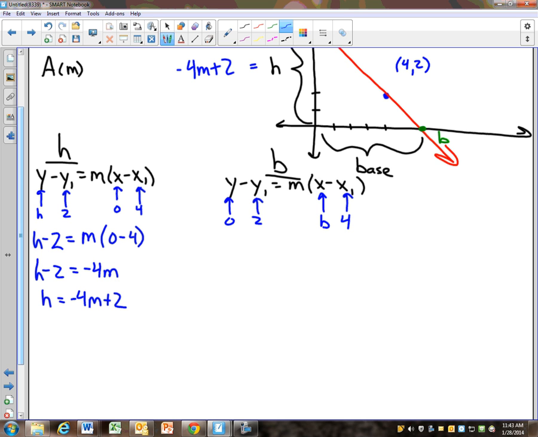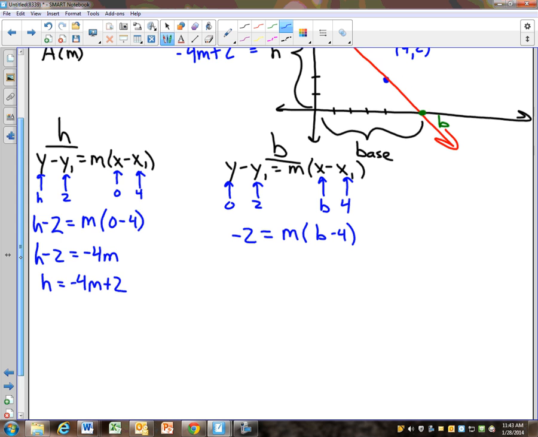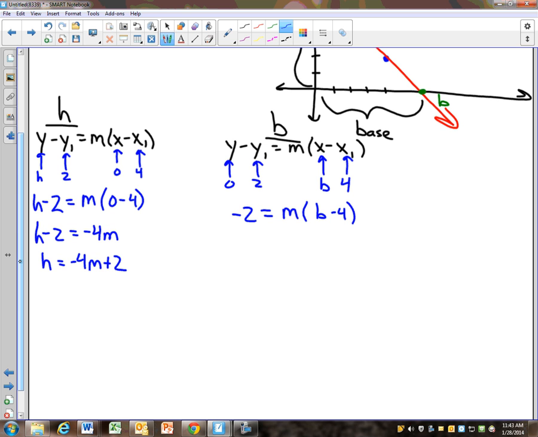So if we plug this in, we get negative 2 equals m times b minus 4. And what am I trying to solve for? Very good, trying to solve for b. So if I divide both sides by m, negative 2 over m is equal to b minus 4. Add 4. So 4 minus 2 over m is equal to b.